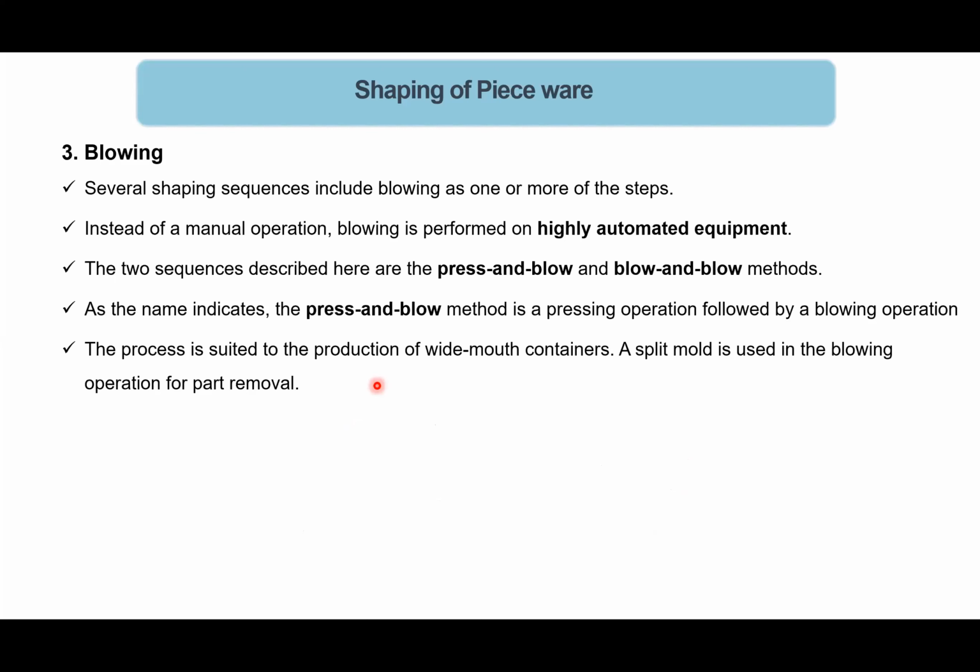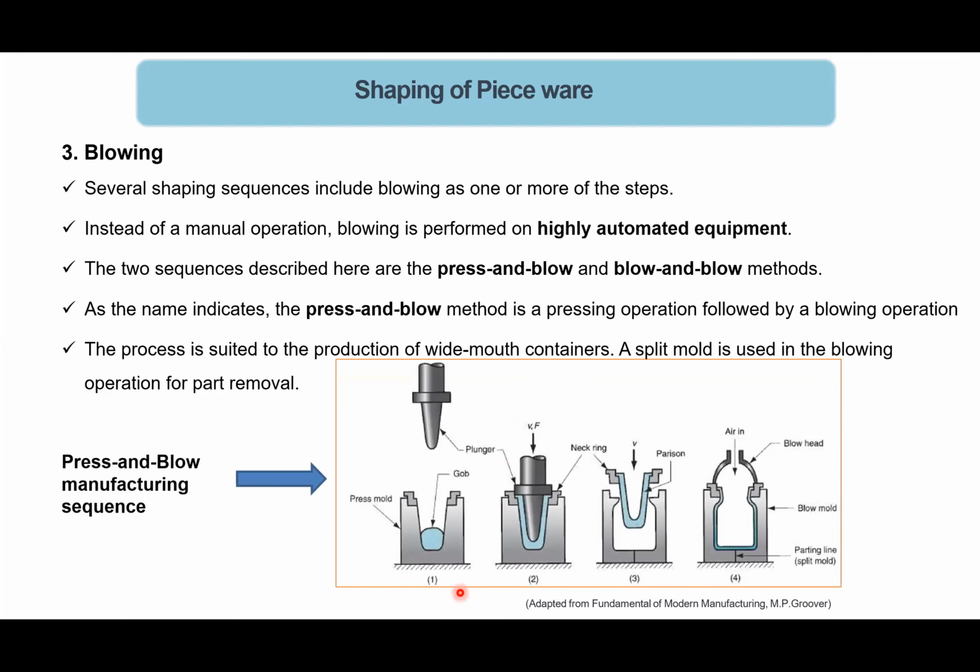Third one is blowing. Blowing is also similar to plastic injection molding. In the case of producing plastic bottles, you have to go through two different steps. First is to produce a small preform of plastic, and then you blow it to manufacture the final bottle. It is a similar process. First, you get the gob of molten glass in a mold, and then you use the plunger to manufacture this kind of structure.